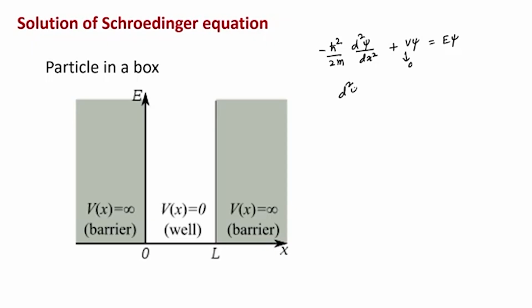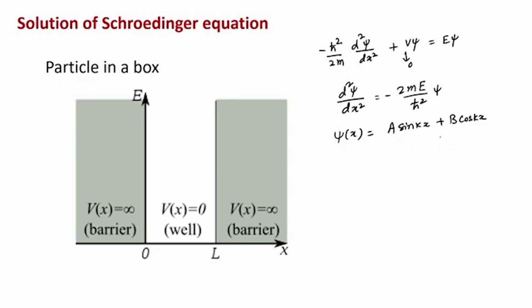So, you can write down this second order differential equation as d square psi dx square equal to minus 2mE by h cross square psi, and the solution is psi equal to A sine kx plus B cosine kx, following the suggestion that has been given earlier, that because it is a finite region in space, one can use the sine and cosine solutions, even though mathematically both are valid solutions.